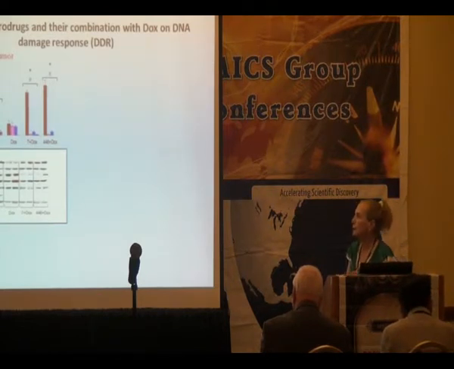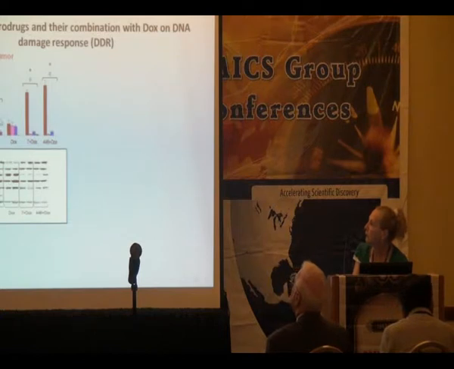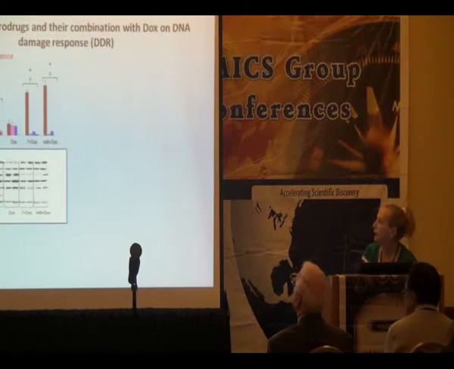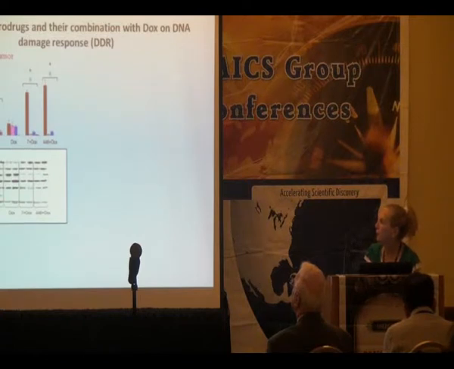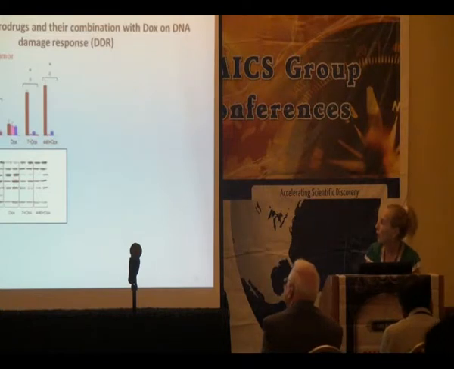And as you can see from our results, when we looked at the tumor, DNA double-strand breaks are marked by phospho-H2AX, which is increased by both the prodrug and doxorubicin, and the combination of them has a greater effect on the damage.